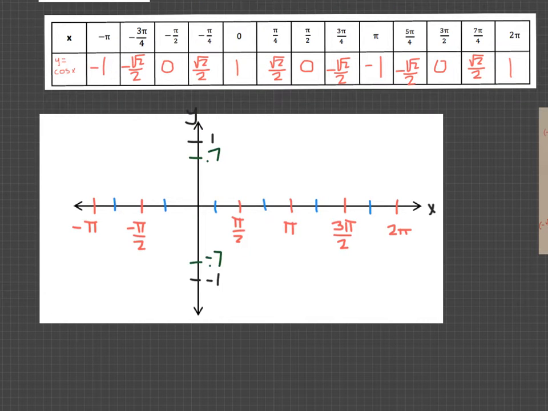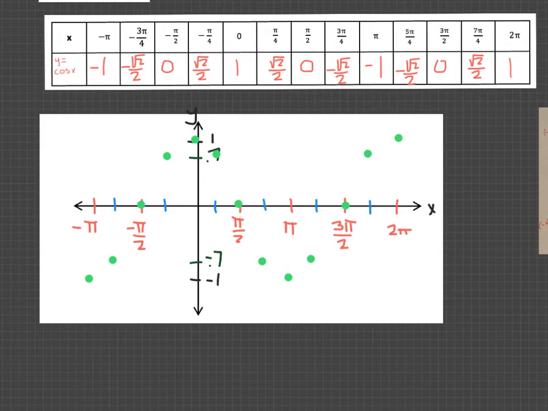Plotting points: negative pi, negative 1; negative 3 pi over 4, negative square root 2 over 2; negative pi over 2, 0; negative pi over 4, square root 2 over 2; 0, 1; pi over 4, square root 2 over 2; pi over 2, 0; 3 pi over 4, negative square root 2 over 2; pi, negative 1; 5 pi over 4, negative square root 2 over 2; 3 pi over 2, 0; 7 pi over 4, square root 2 over 2; and 2 pi, 1.